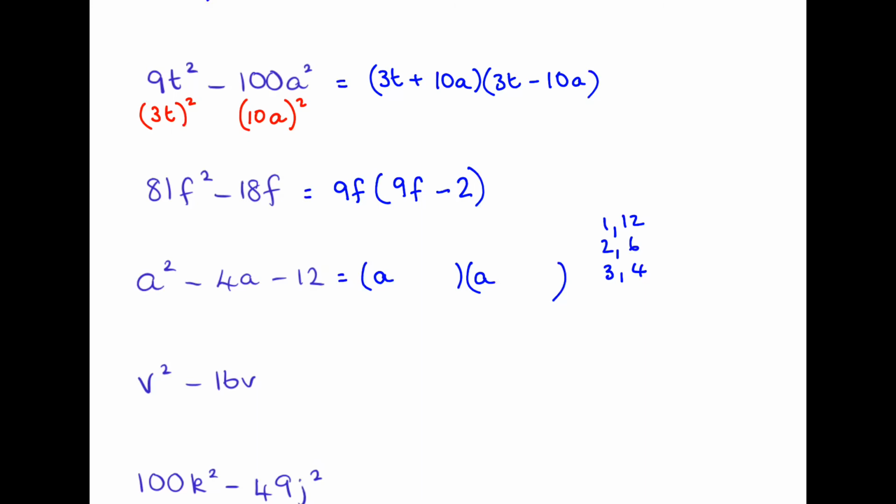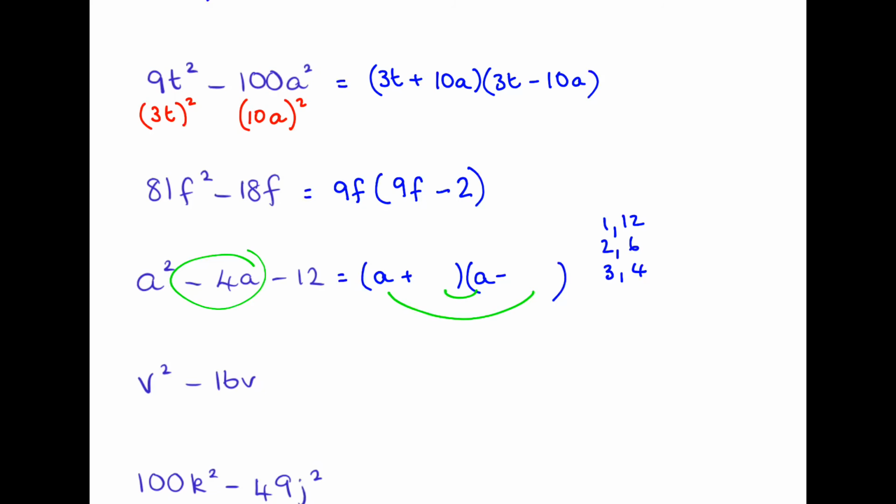And then what we're looking at is the signs. Okay, so we look at the sign of the third term. Remember, when that's negative, it means the signs in the brackets are different. So we need a plus and a minus. And then we just have to work out which pair it is that when we do this and add them together, we get negative 4a.